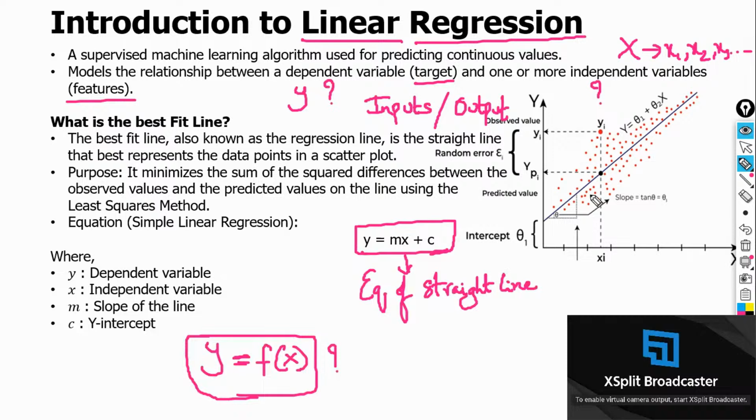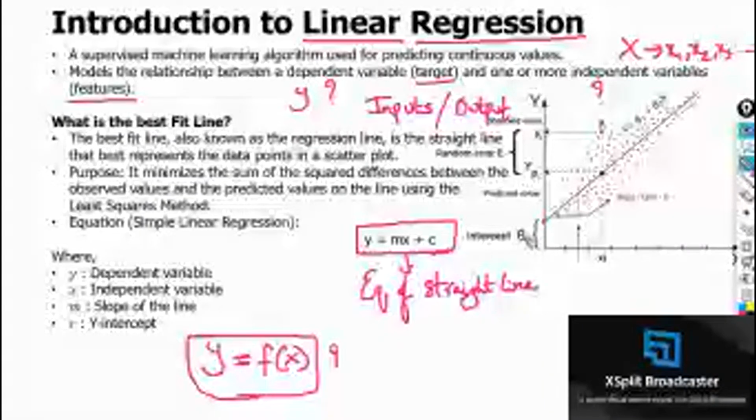I'm trying to get the best possible straight line, the best fit line, which passes through the majority of the points. Wherever this line hits the y-axis, that is called the y-intercept. This is nothing but theta 1.